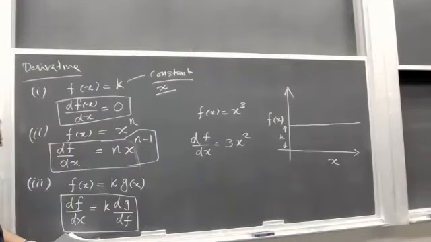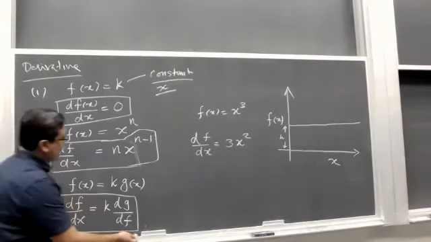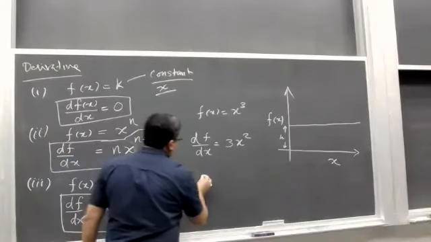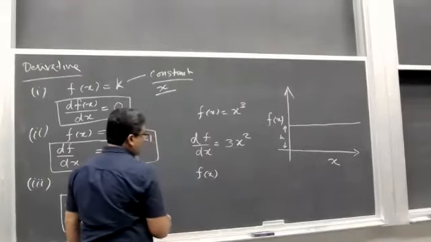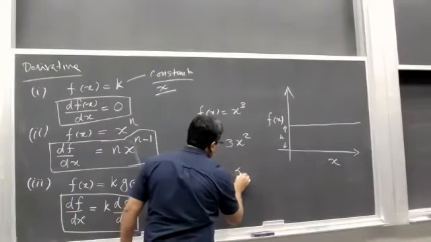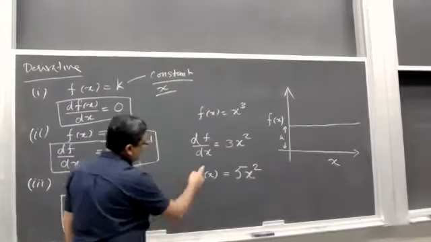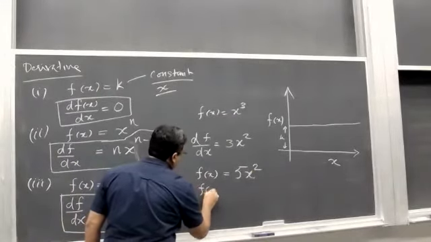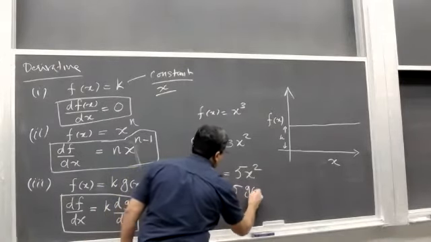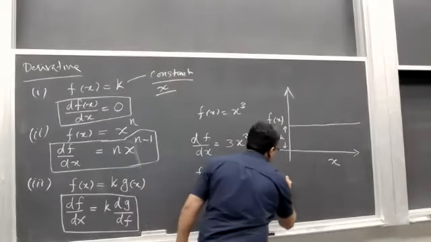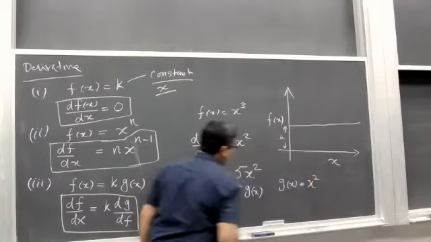So this, for example, looks very difficult to make sense of, but think about this function for the third rule. If you have f of x equal to 5x squared, we can always write this as f of x equal to 5 g of x, where g of x is equal to x squared.